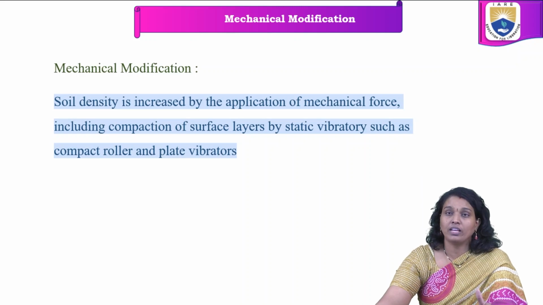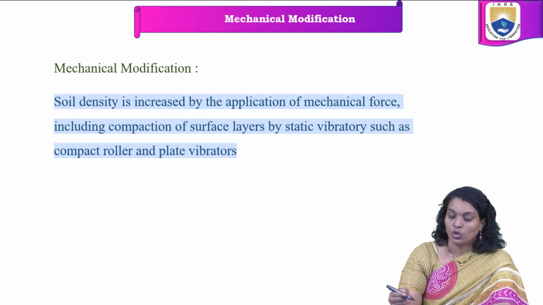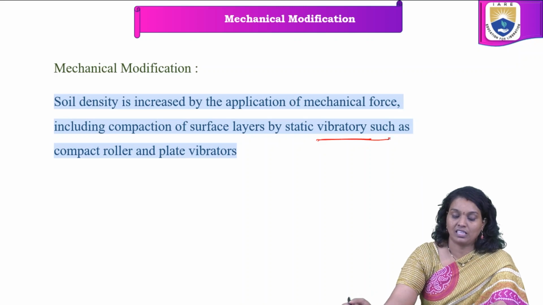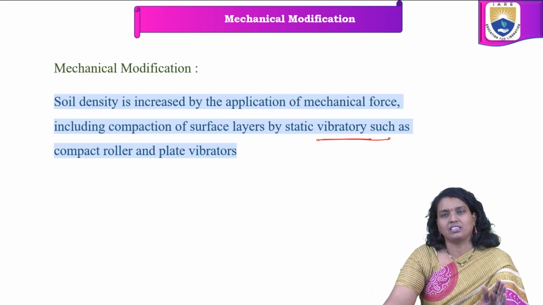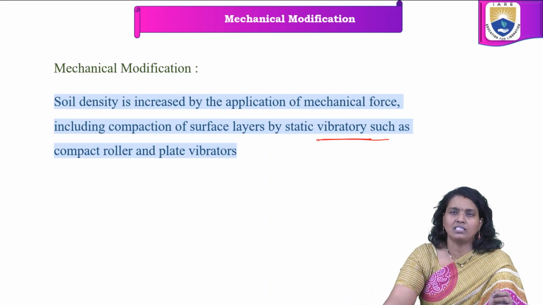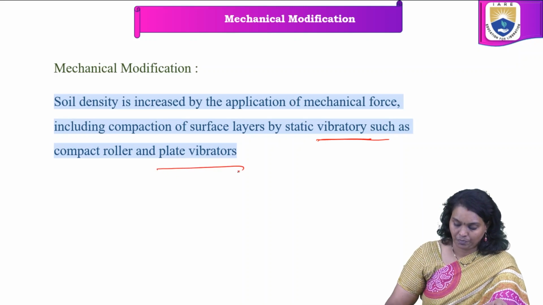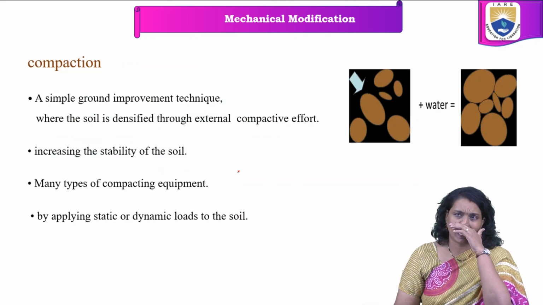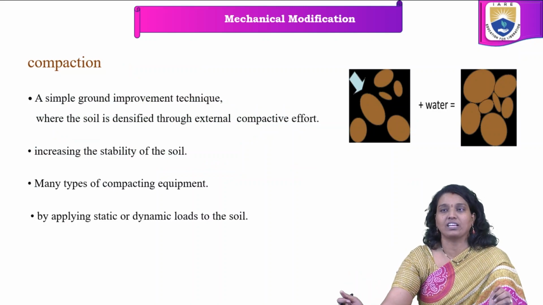In this mechanical modification we are understanding how the soil density is increased by the application of mechanical force. It includes compaction of various sublayers using static vibrators such as compact rollers and plate vibrators. Now we are understanding what compaction is.